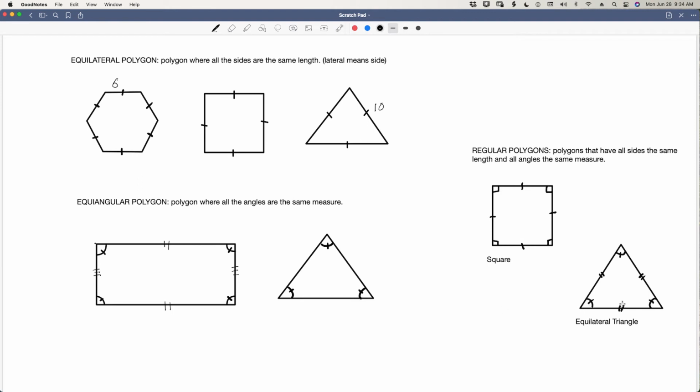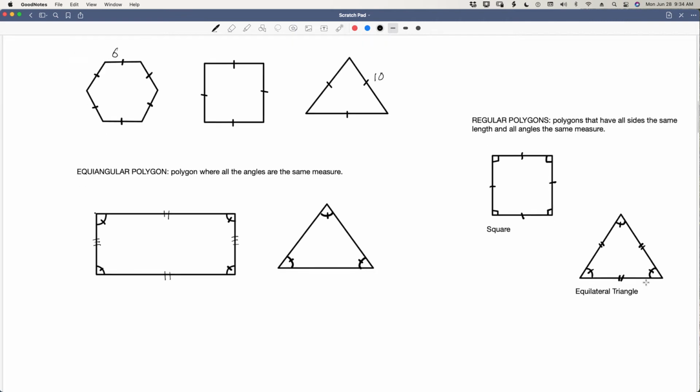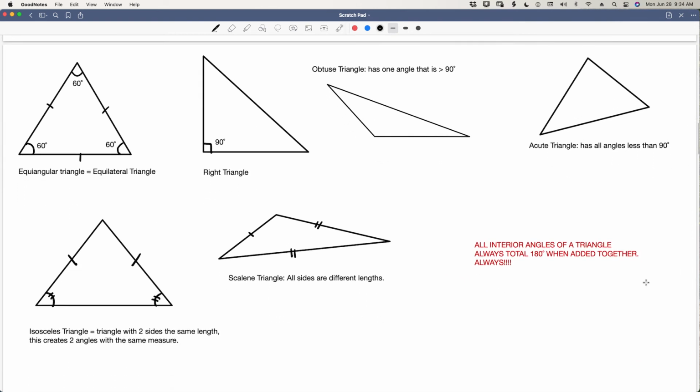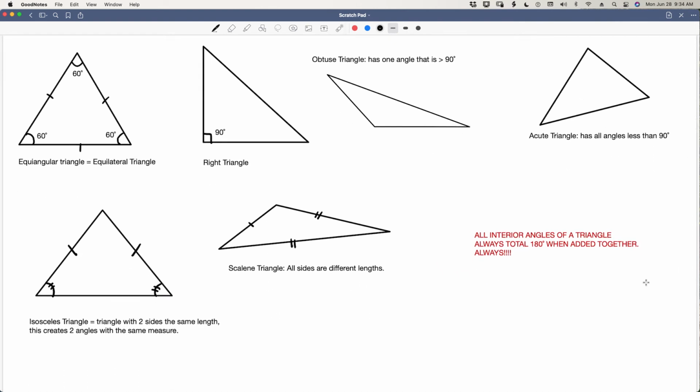In an equilateral triangle, all 3 sides are the same, and that forces all 3 angles to be the same measurement as well. That's just the nature of triangles to work that way. So let's talk about triangles specifically.